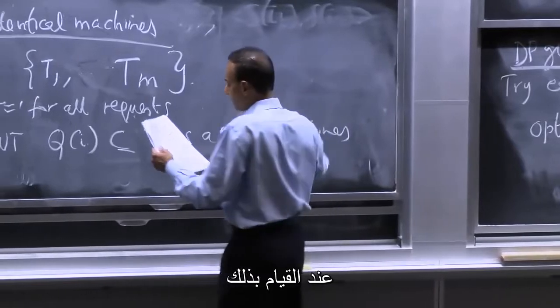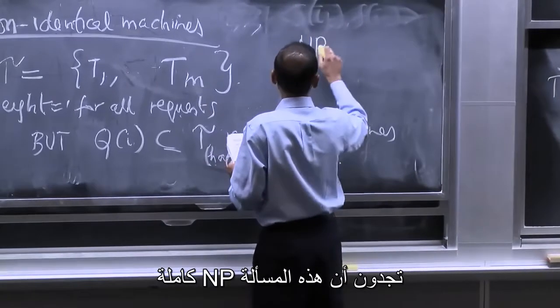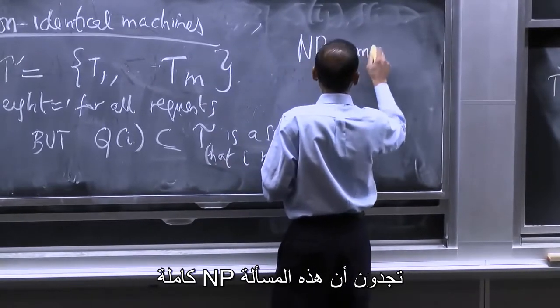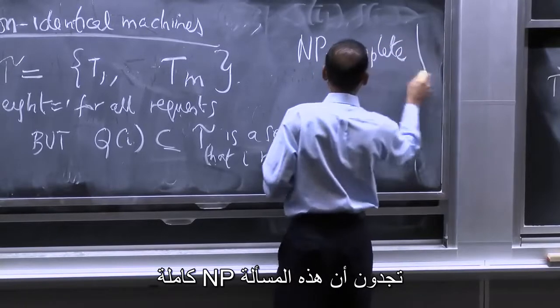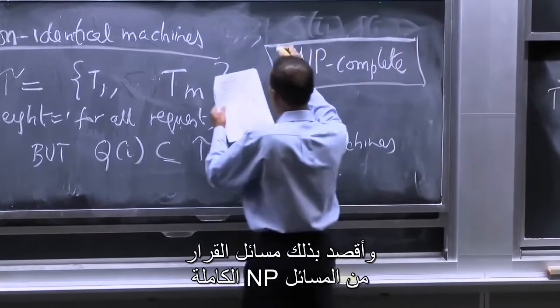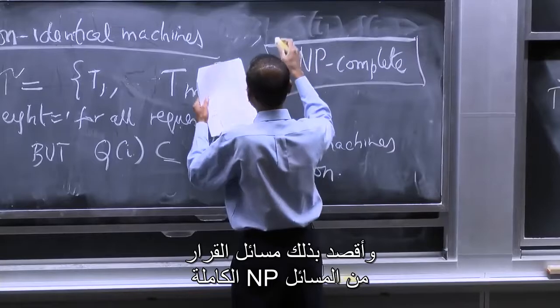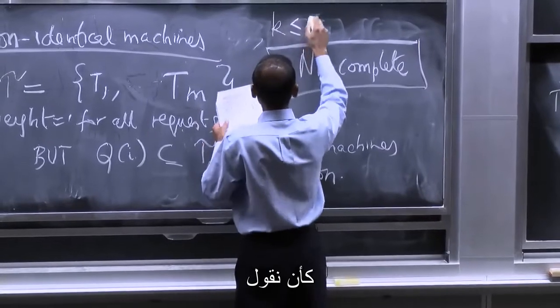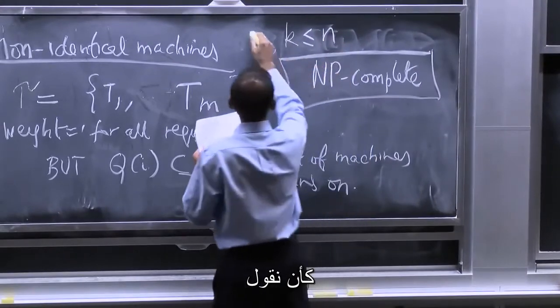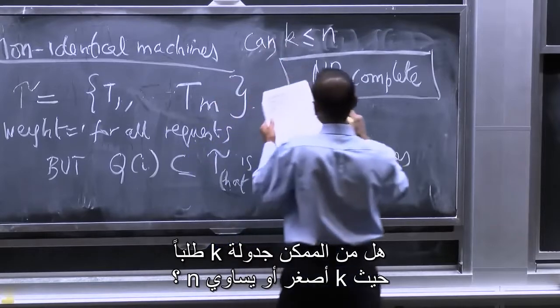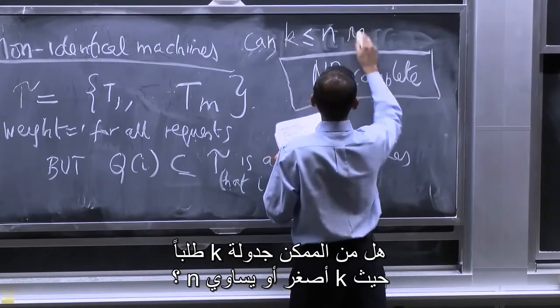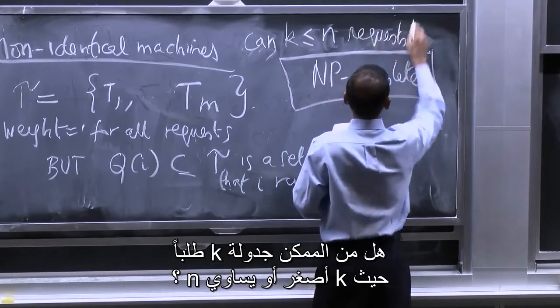If you do this, the problem has been shown to be NP-complete. And by that I mean NP-complete problems are decision problems. And so you say, can some specific number k less than n requests be scheduled?